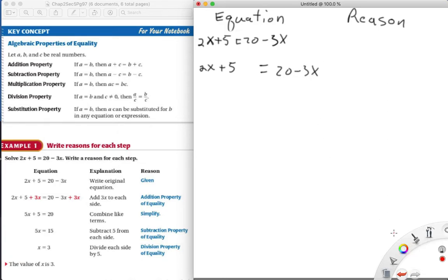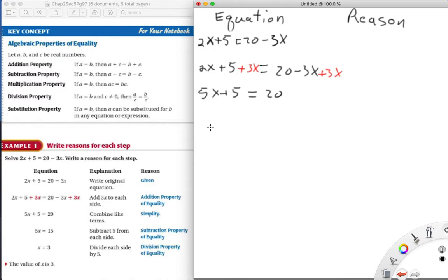We have to add that 3x to both sides. And then the next thing we're going to say is 5x plus 5 is equal to 20.